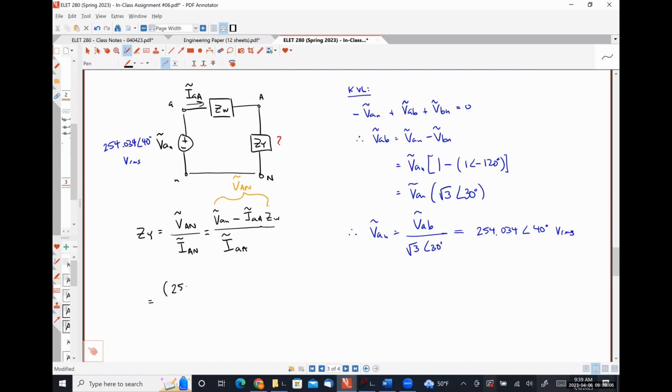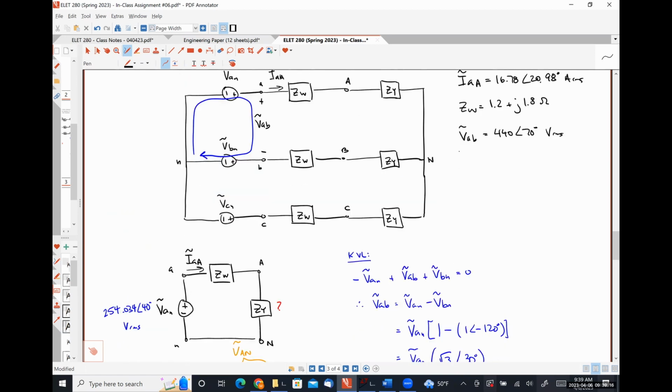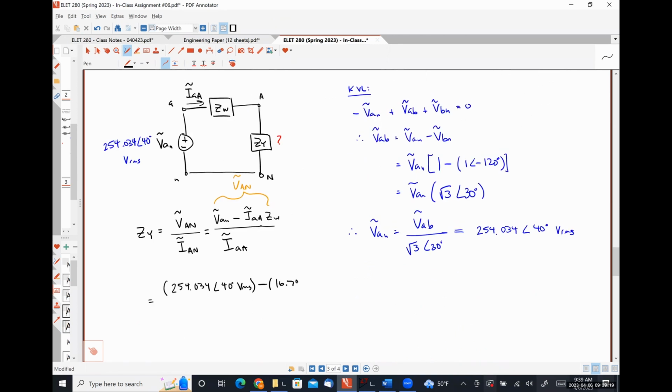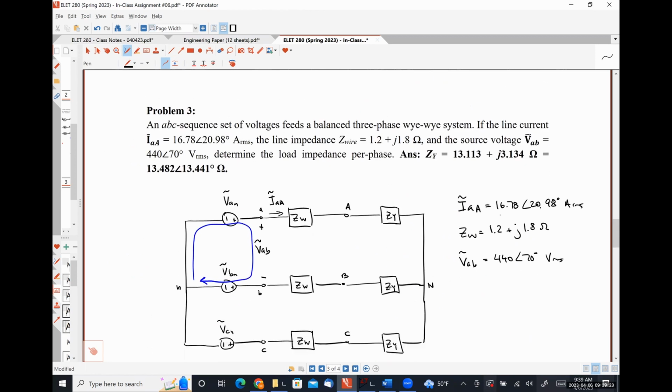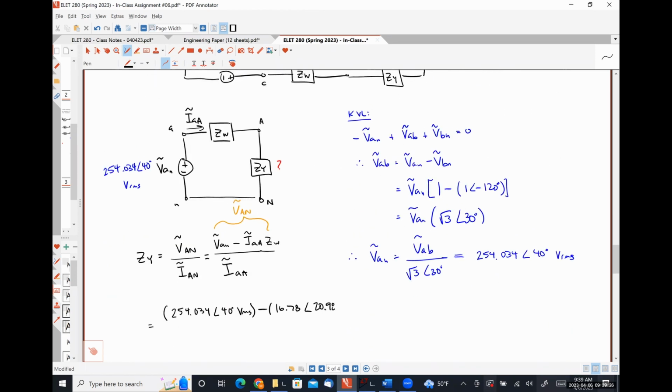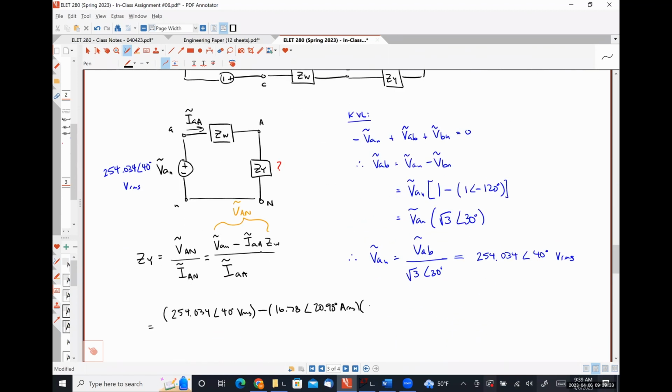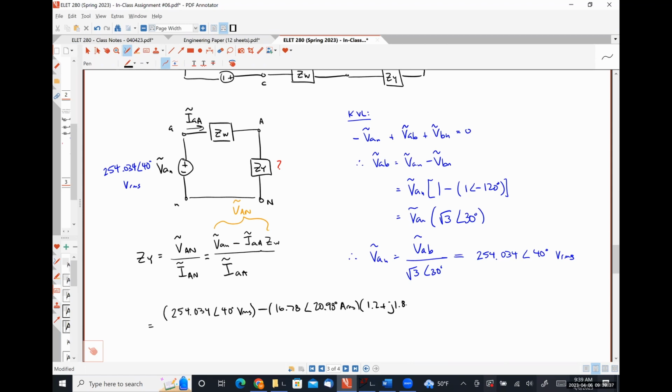That's going to look like 254.034 angle 40 degrees volts RMS minus IAA, which was 16.78 angle 20.98 degrees amps RMS, multiplied by ZW, which was 1.2 plus j1.8, divided by our current IAA, 16.78 angle 20.98 degrees amps RMS.